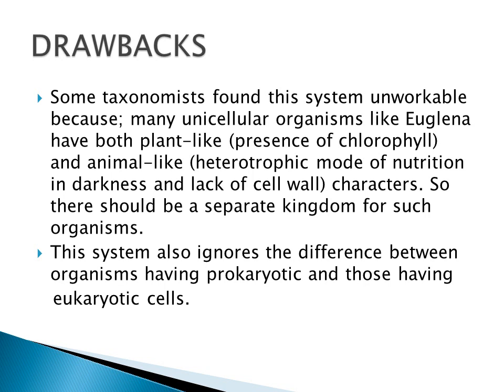If cell wall is absent, then it is categorized as an animal, and if cell wall is present, then it is categorized as a plant. But Euglena shows both characteristics, like plants as well as animals, so there should be a separate kingdom for organisms like Euglena. And a second point: this system also ignored the difference between organisms that have prokaryotic and those having eukaryotic cells.